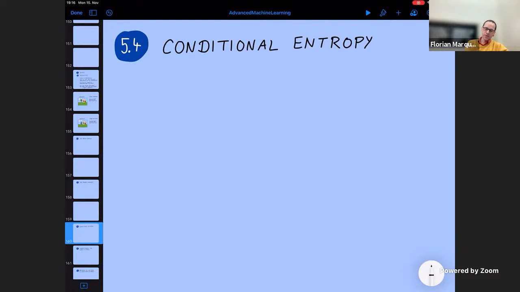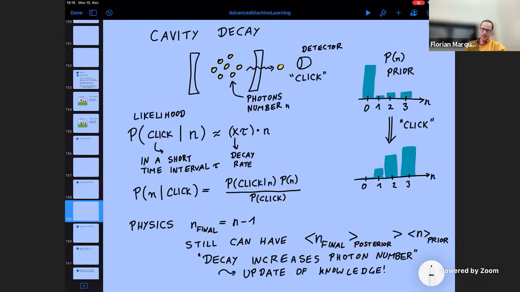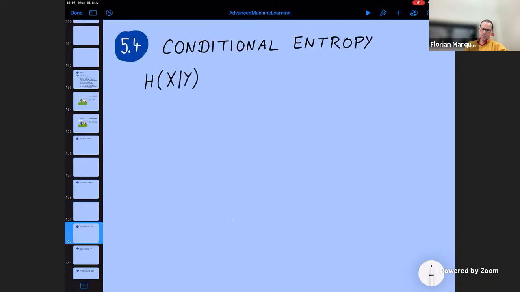It's conditional in the sense that I will calculate the entropy of some random variable x, given that I make an observation of another random variable y. Like before, we had the observation of whether there was a click or no click, that would be y. And given that observation, I calculate the entropy of x, which in our example would have been the photon number.